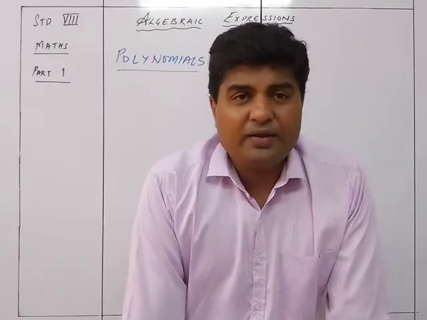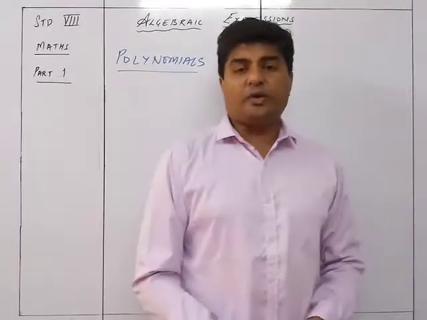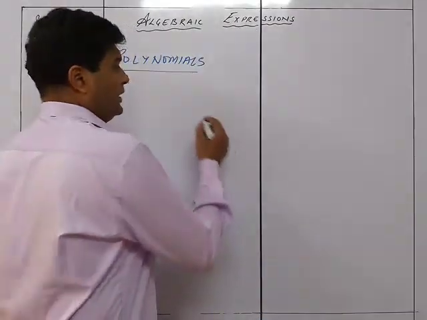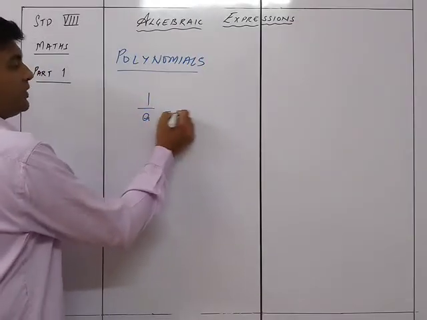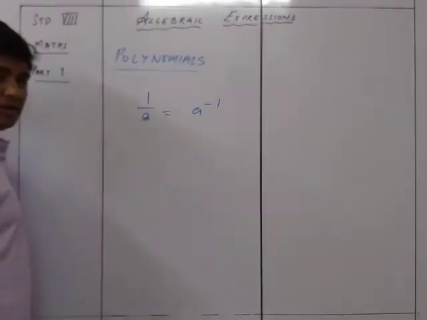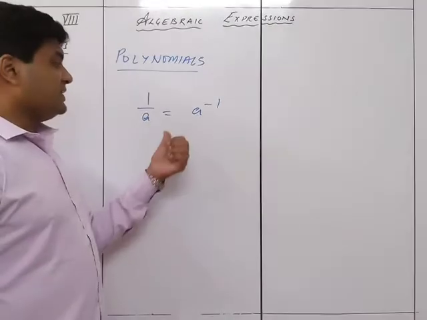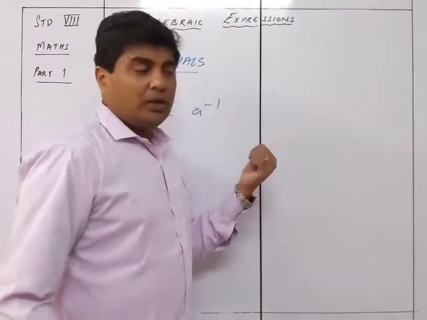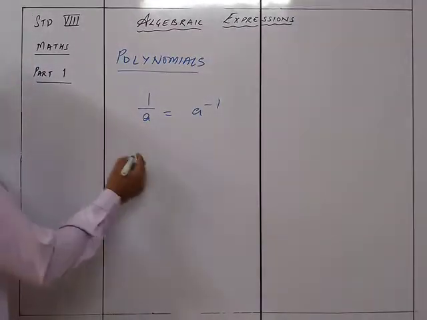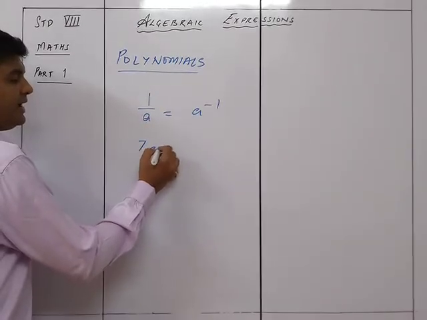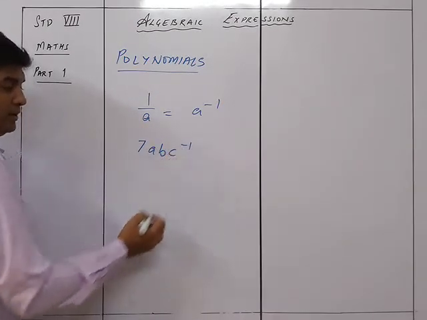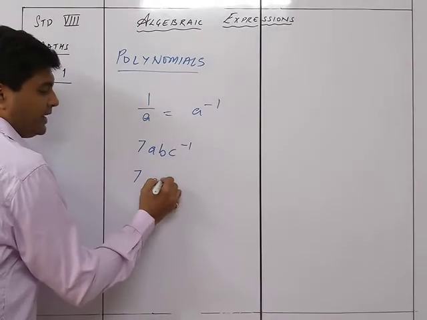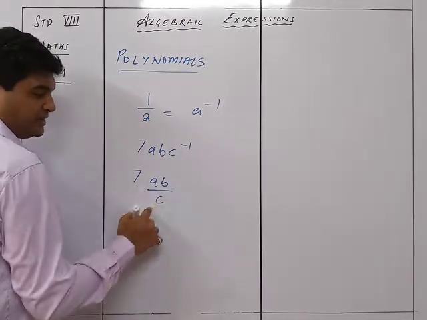See, in exponents we learned that 1 upon a is equal to a raised to minus 1, right? So this is nothing but a negative power. In case you have a term like 7abc raised to minus 1, or 7ab upon c, this is nothing but the same thing.